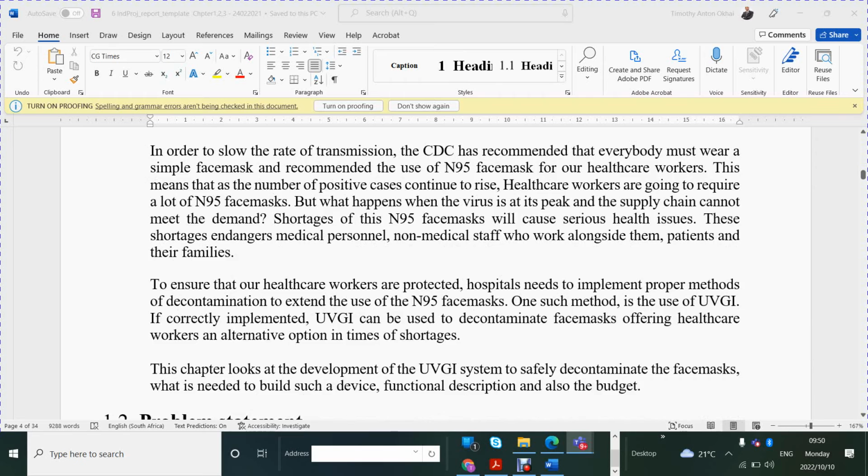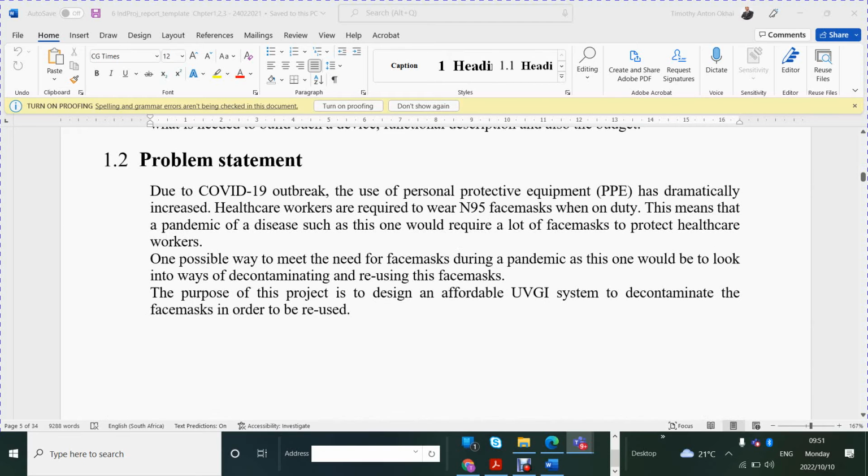Now, we are looking at the problem statement. So it gives you a bit of background in the first paragraph, second paragraph, and in the third one, it says, the purpose of this project is to design an affordable UVGI system to decontaminate the face mask in order to be reused. Can you see that you've captured in one statement the whole essence of this project?